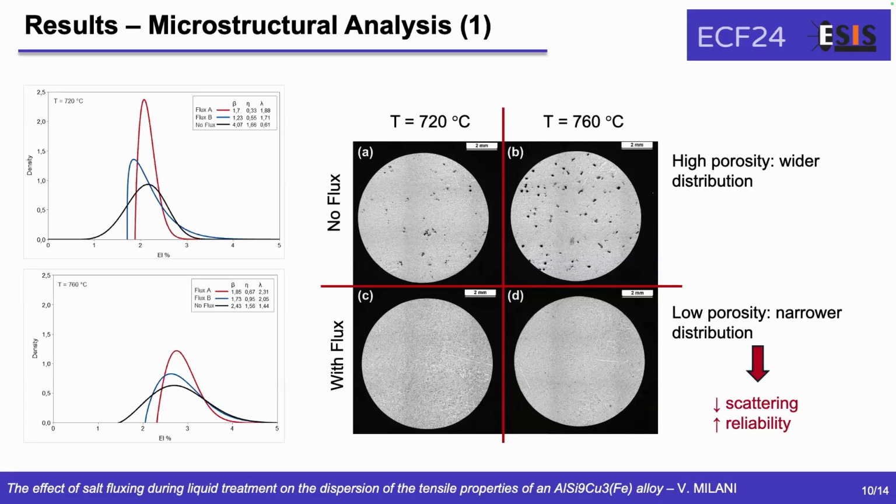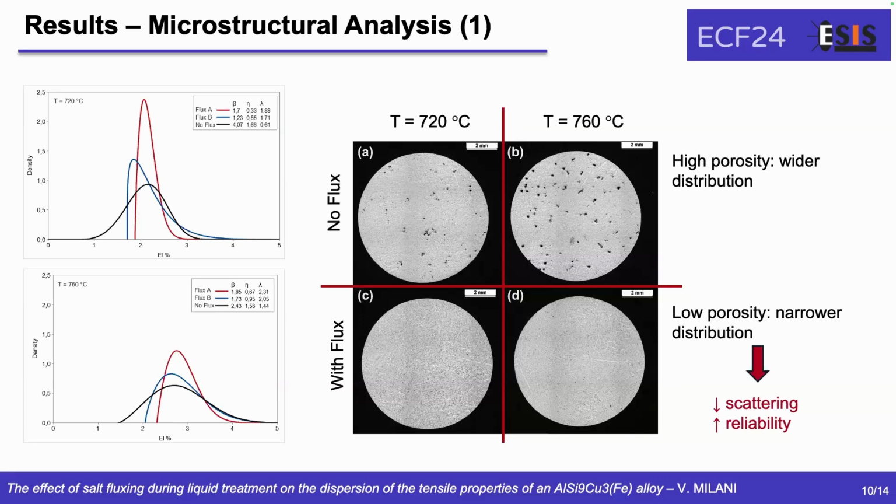Whereas when fluxes are used, so these two lower micrographs here, lower porosity is encountered in the samples, which is translated into a narrower distribution in the Weibull approach.